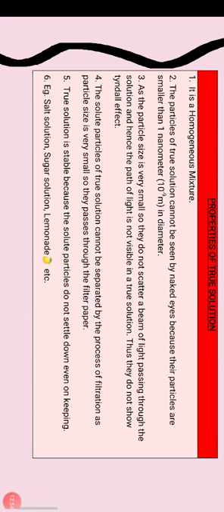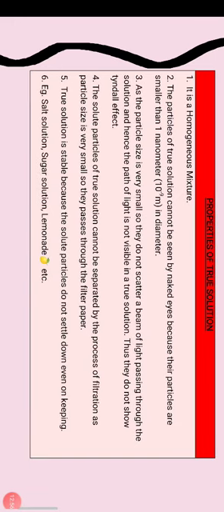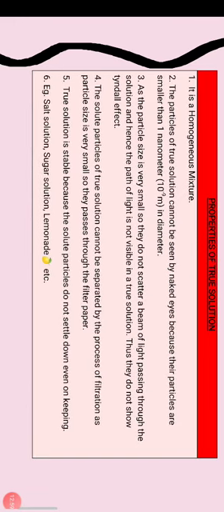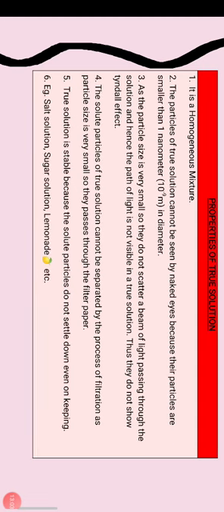So here we discuss the 5 properties of true solution. First, they are homogeneous. Second, the particles cannot be seen by naked eyes because they are very small, even less than 1 nanometer. Third is they do not show Tyndall effect because when a beam of light is passed through the solution, the particles do not scatter the beam of light and the path of light is not visible in a true solution.